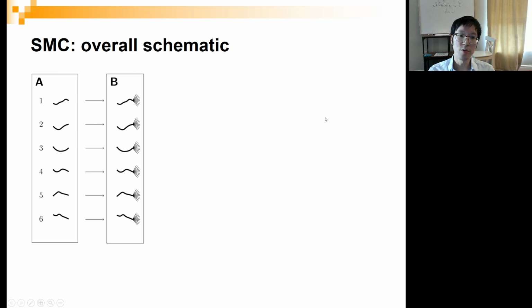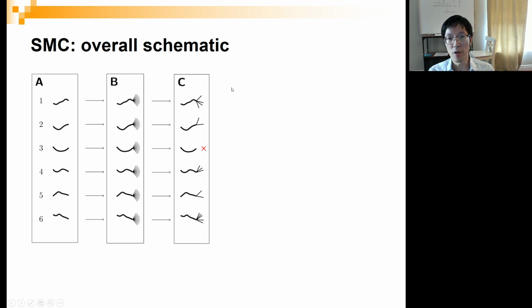In the first step, we look at possible ways to add an amino acid onto the partially constructed conformation, and we examine the energy impacts of these additions. We identify what are the plausible conformations according to the energy criteria. Some of them might have dead ends. For example, in the third one, this might be an implausible conformation, and we weed it out.